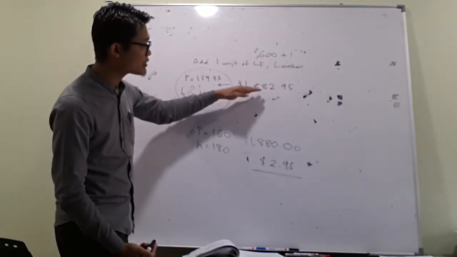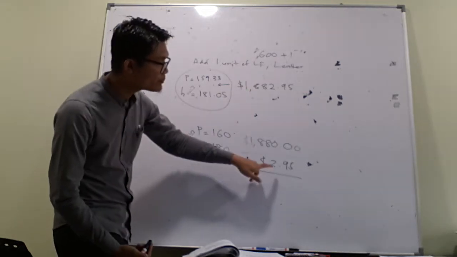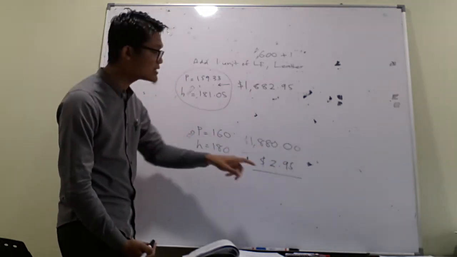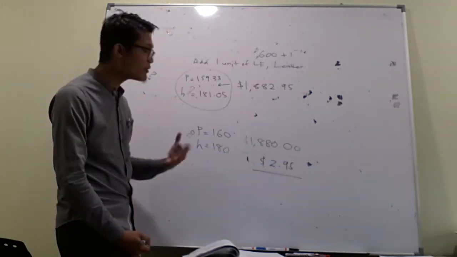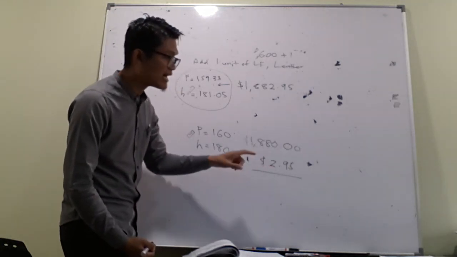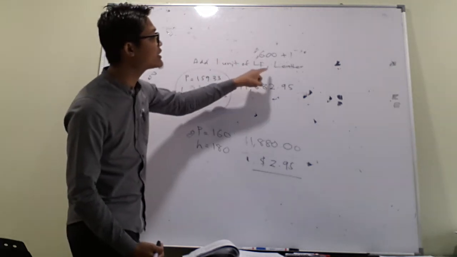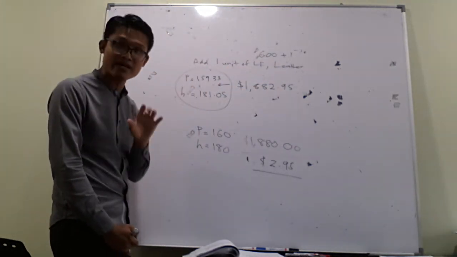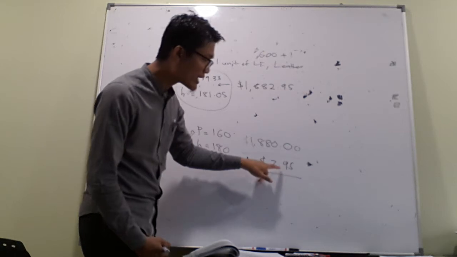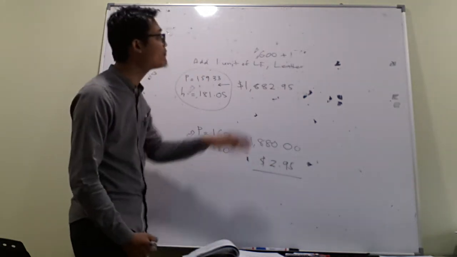This higher contribution, as compared to before, it is 2.95 higher, which means this is my extra contribution. How do I get this extra contribution? I get this extra contribution because I add 1 unit of limiting factor, that is your ladder. And by now you should understand, therefore, 2.95 is the shadow price of ladder.